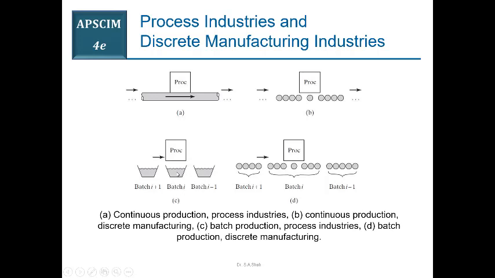So you will have different batches of products, but each specific batch, when you are working in a continuous type of industry, the flow of that particular raw material within a specific batch again will be a continuous flow. Okay? And similarly, batch production for discrete part manufacturing, you will have separate batches, and within each batch you will have individual products that will be processed.